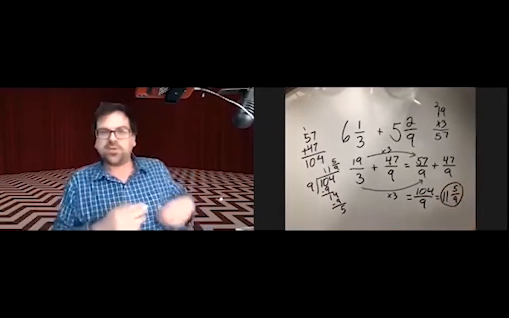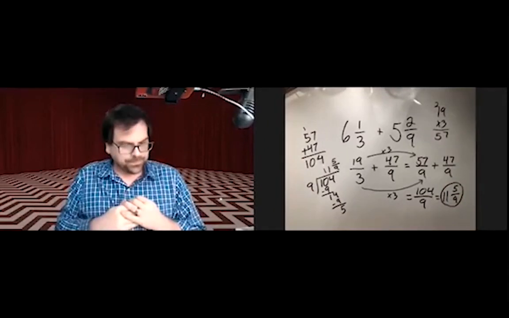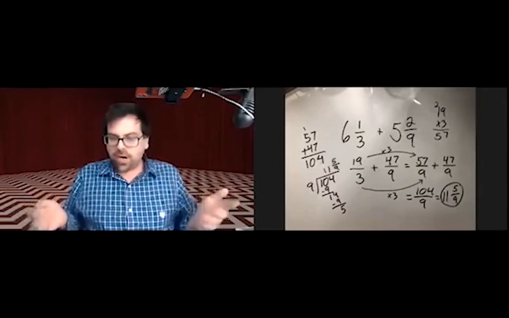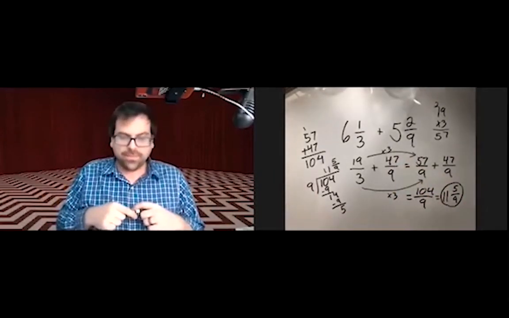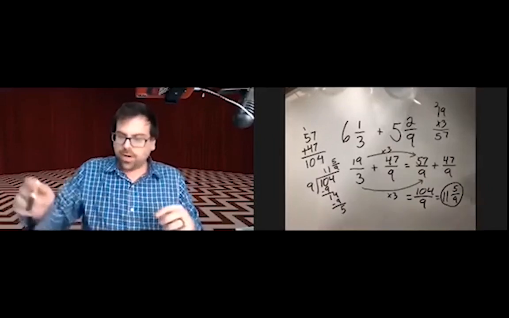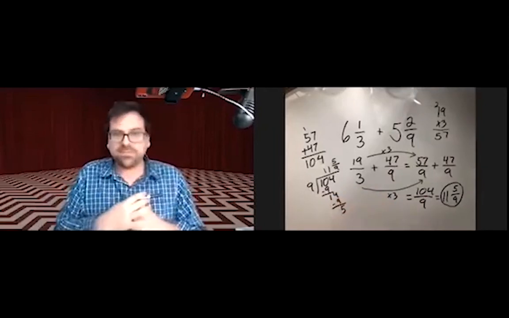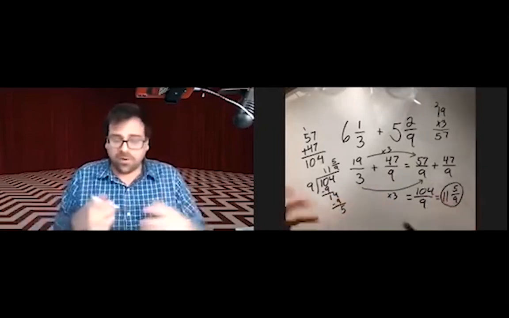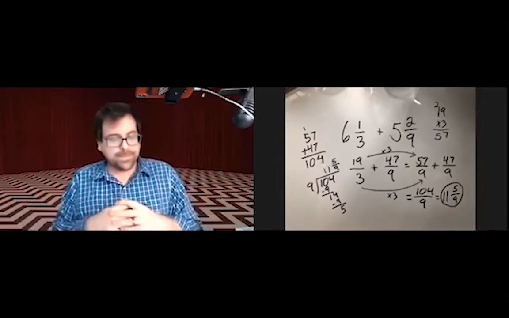Put that in just to make sure we were correct, and this is the right answer. Now, this problem done this way required some multiplication, required some division. In there was some subtraction. So all 4 of our main operations are at play when we do it this way.